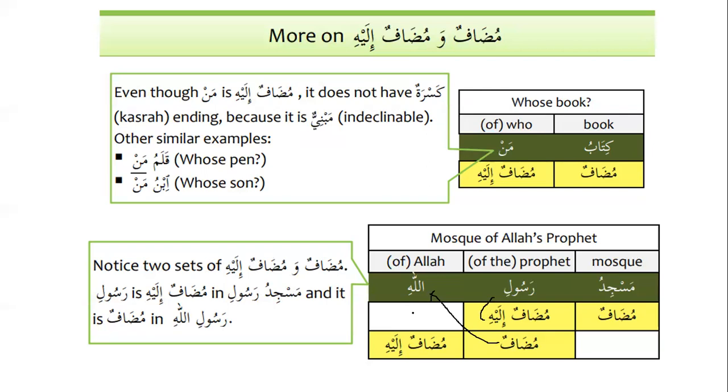So now it has two forms. It is mudaf ilayh, and at the same time it is mudaf as well. Whereas the last noun, the noun that comes at the end, will always be mudaf ilayh. Masjidu Rasulillah. Similarly, we have Maliki Yawmiddini. Malik is mudaf, Yawm is mudaf ilayh, and at the same time it is mudaf, and ad-dini is itself mudaf ilayh. So we can have more than two nouns, or three nouns. When we put three nouns together, the construction will be like this, as we can see here.